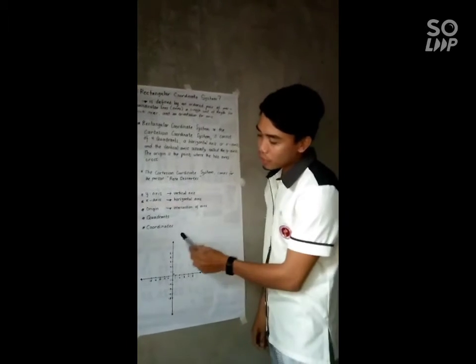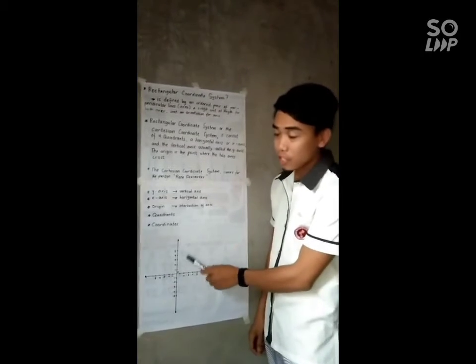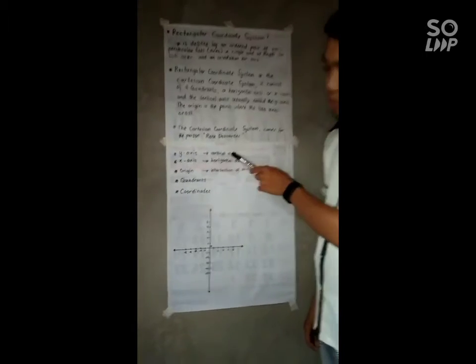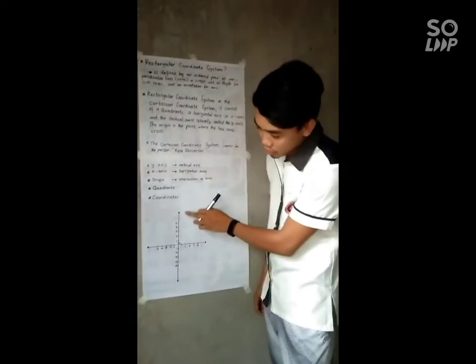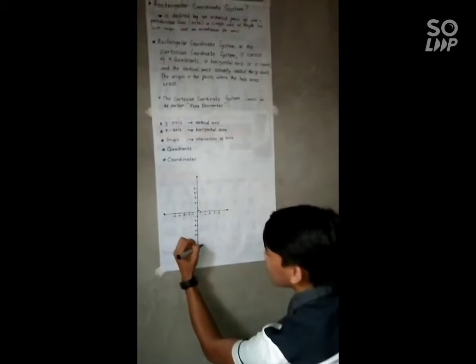So our Cartesian coordinate system, this is our Cartesian coordinate system. It has vertical axis or called the y-axis. Our vertical axis is here. This is our y-axis.